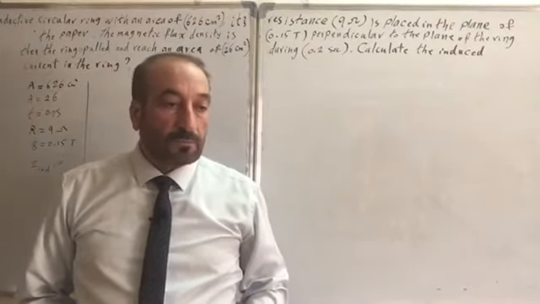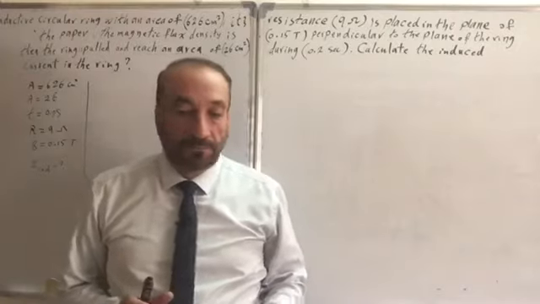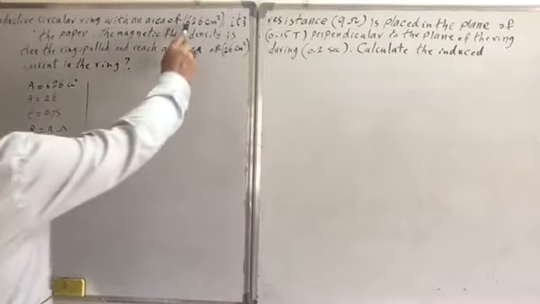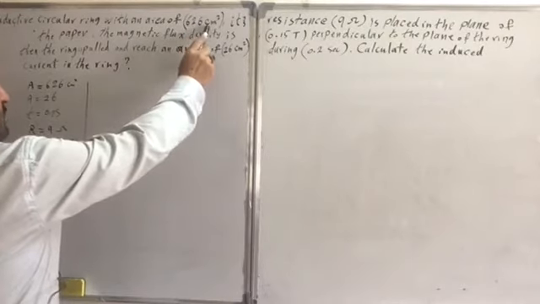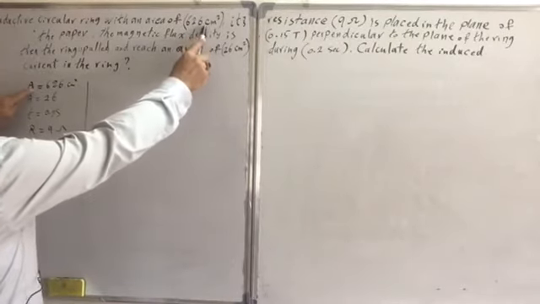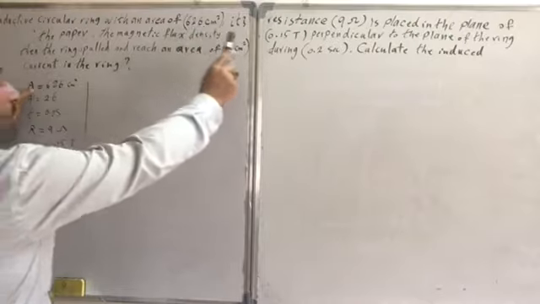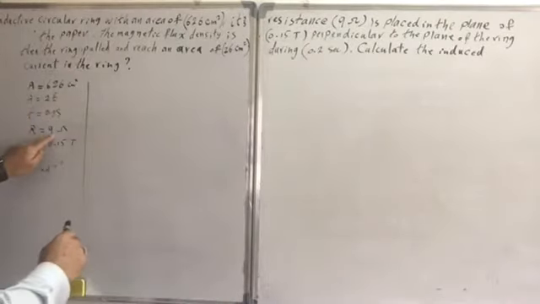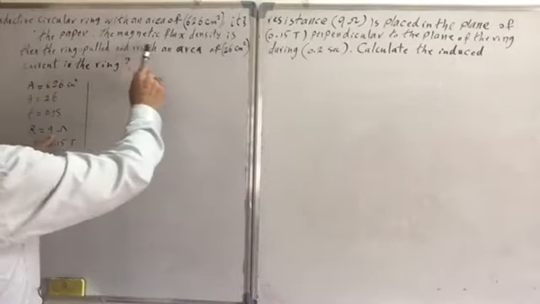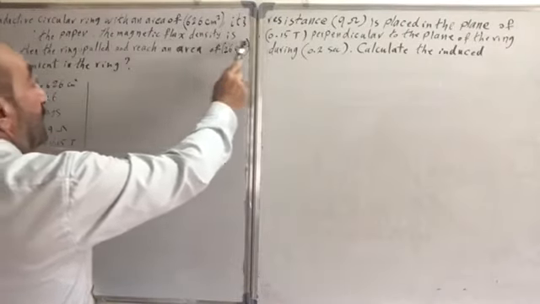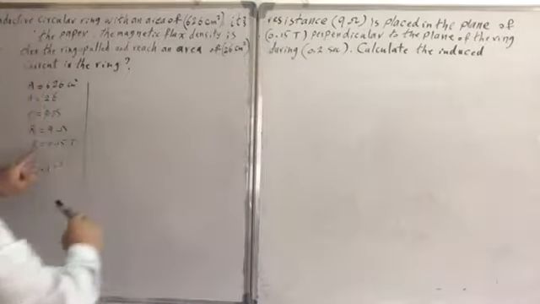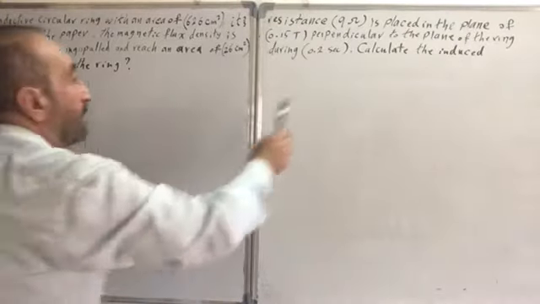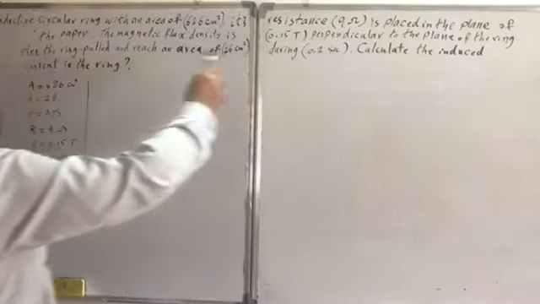Now we should find out the given. 626 centimeters squared area. The resistance is 9 ohm. The flux density B equal 0.15 Tesla perpendicular to the plane.